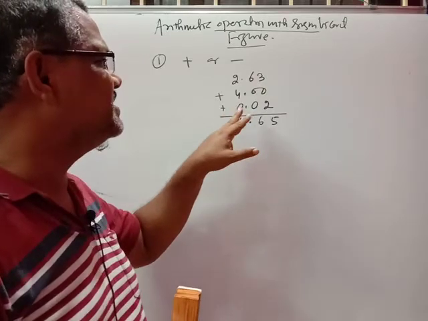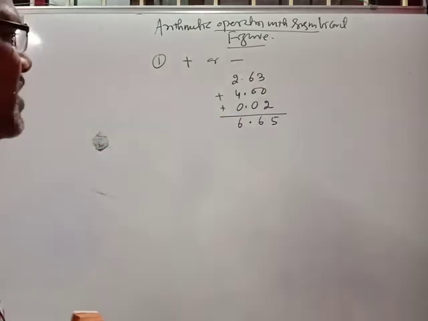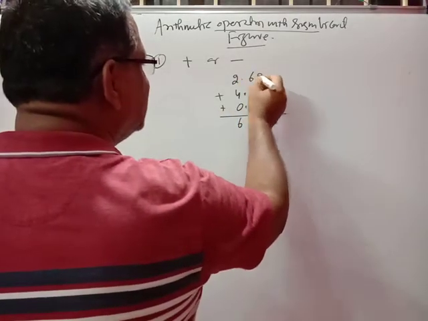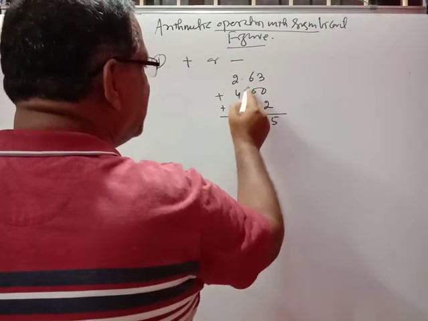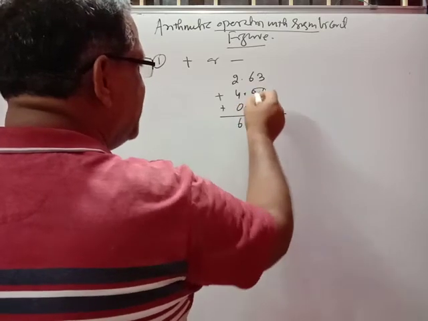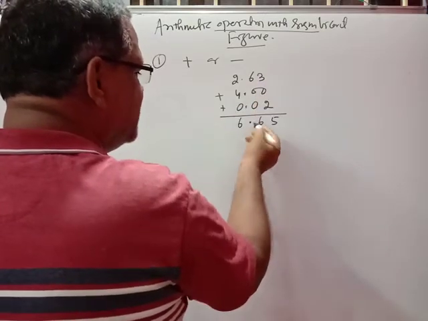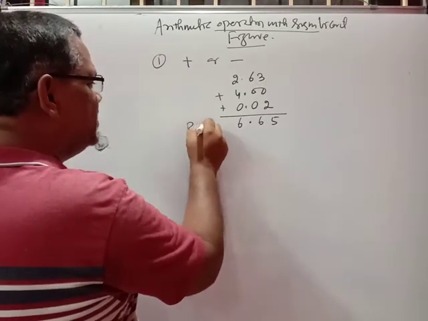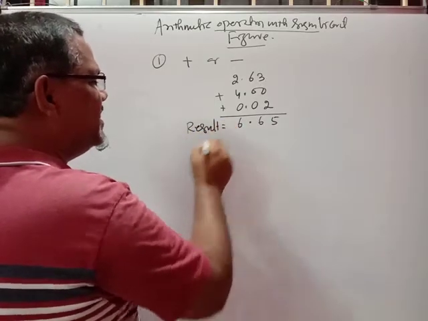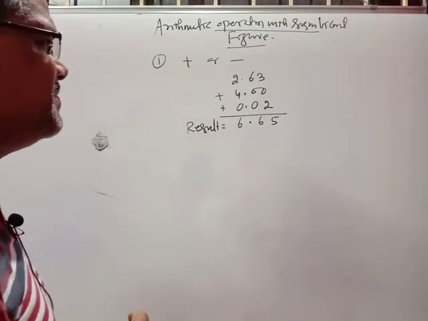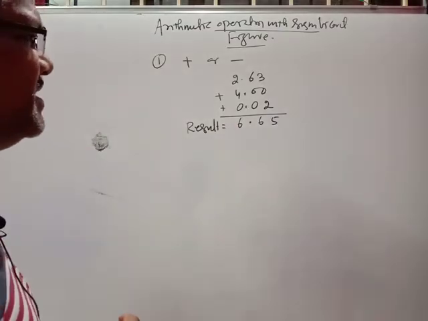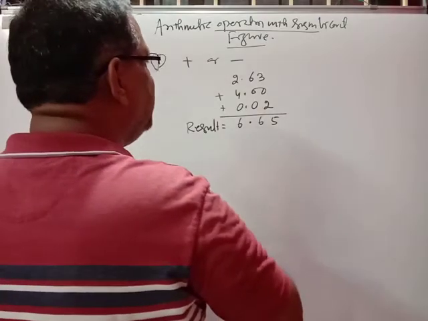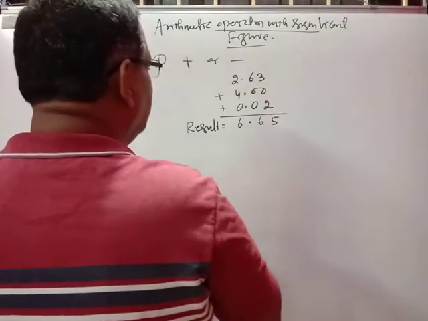That means after the decimal point, you are finding 2.63, which is the minimum number of digits after the decimal point in these cases, and they are the same. So there will be no variation. The result is 6.65.